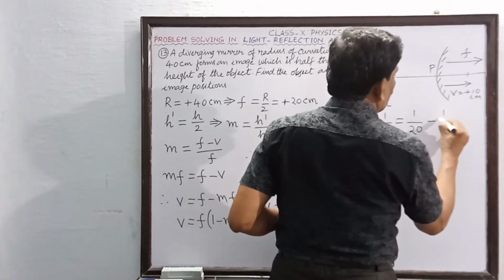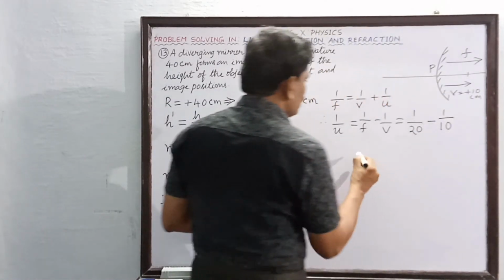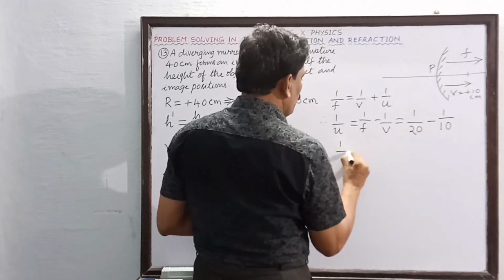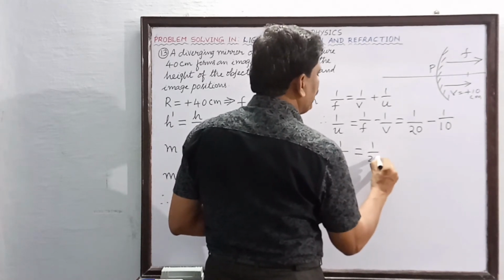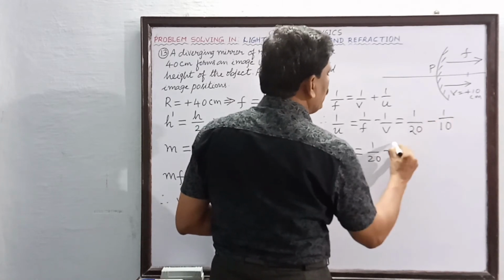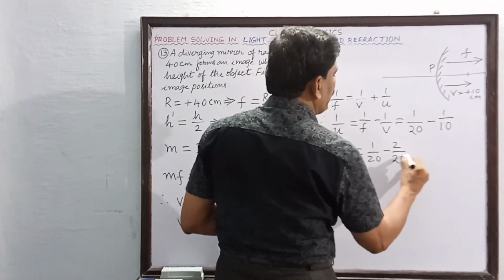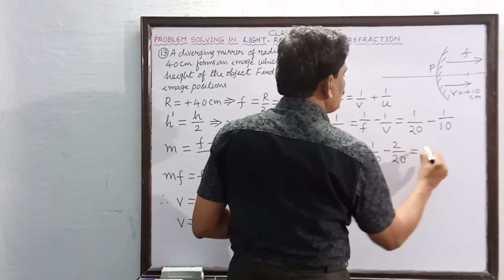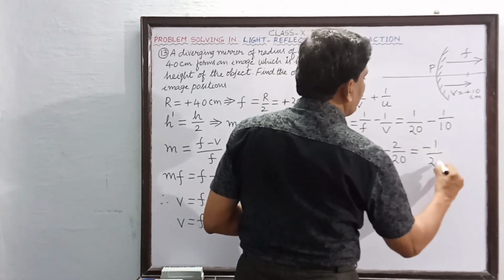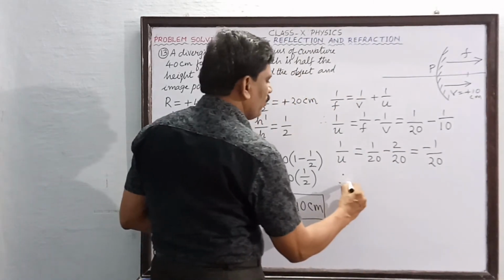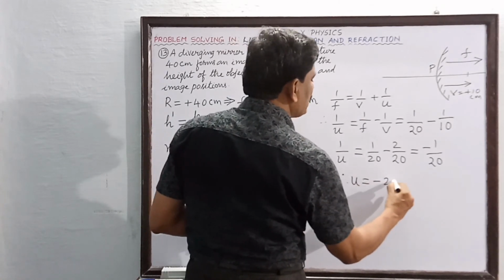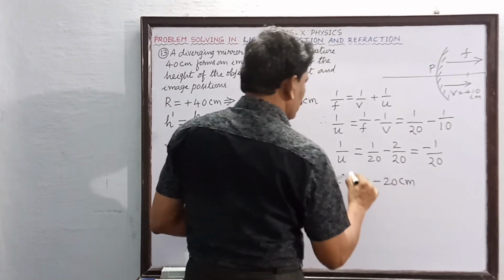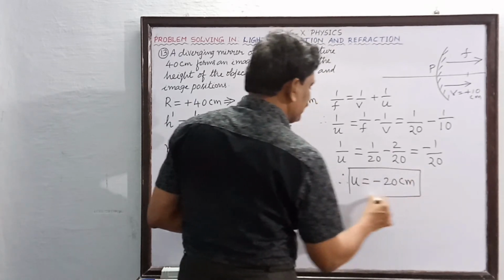So this is equal to minus 1 by 10. So LCM is 20. So 1 by u is now equal to 1 by 20 minus 2 by 20. This is equal to 1 minus 2 is minus 1, minus 1 divided by 20. Therefore u is now equal to minus 20 centimeter.